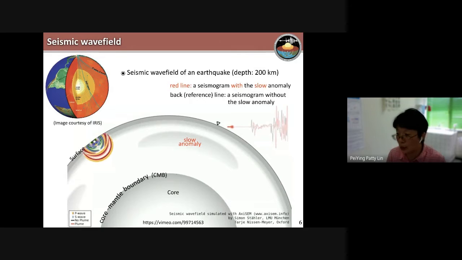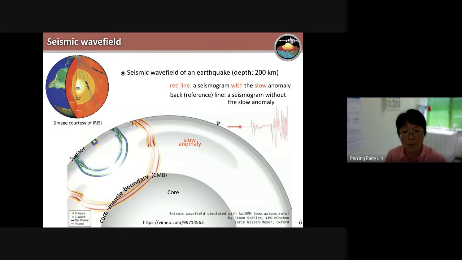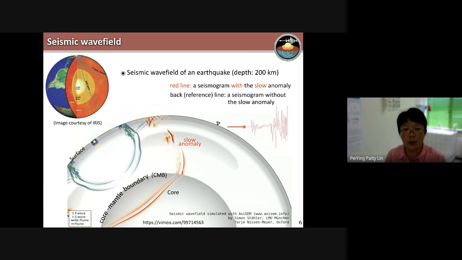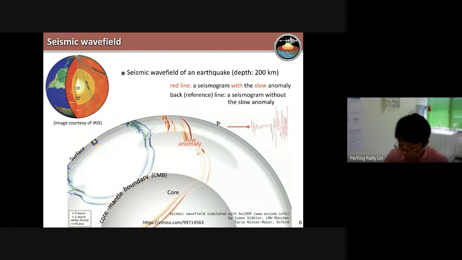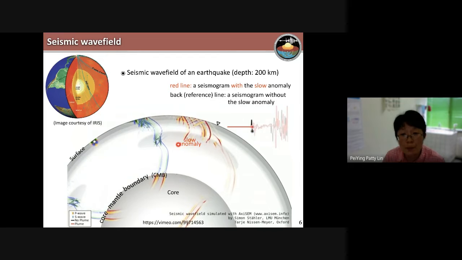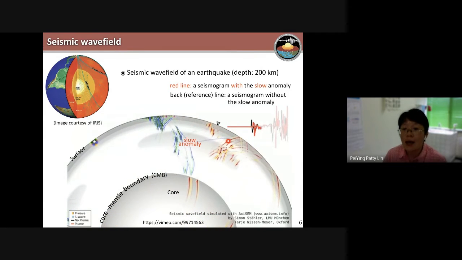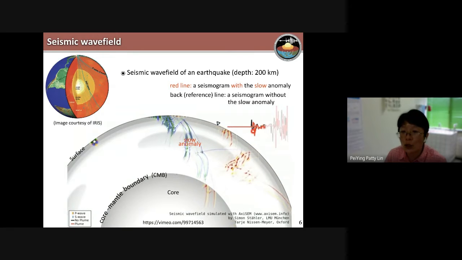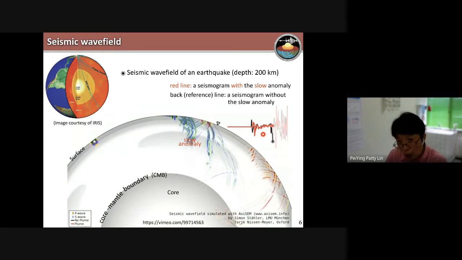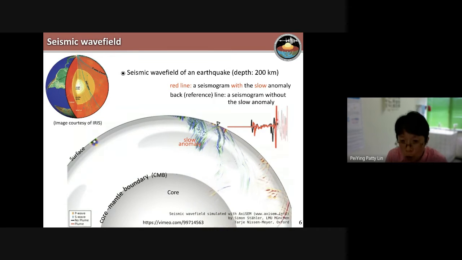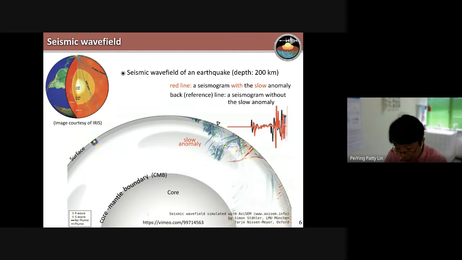Okay, can you see? When the earthquake happened, the wave propagated in all directions. And once it hit the slow anomaly, the waveform deformed. Not only is the waveform deformed, but you can also see the arrival time comes later, because the wave travels through a slow velocity anomaly and takes longer to reach the station.